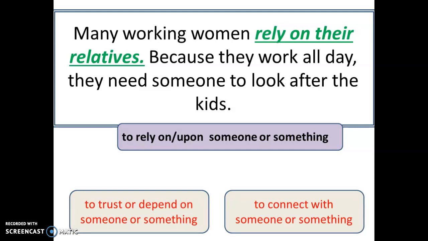So to rely on someone means to trust or depend on someone. Depend on can be given as a synonym as well in many dictionaries. It means when you need and you trust that person and you get help for something.